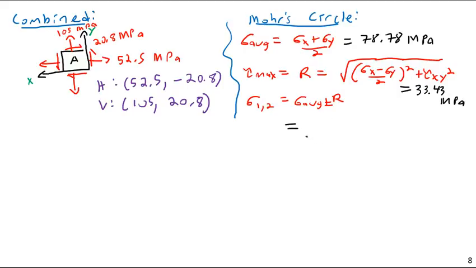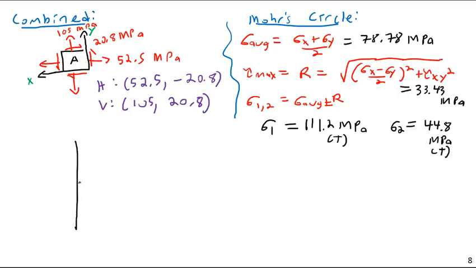The principal stresses then, we will find that we have two principal stresses: 111.2 megapascals, that's going to be our sigma 1, in tension, and sigma 2 will be 44.8 megapascals, also in tension here. And then I could use this to sketch Mohr's circle, which wouldn't be too bad.